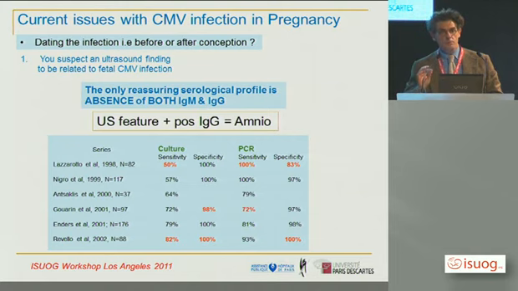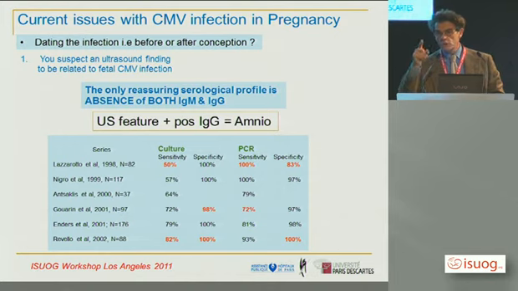IgM is the most useless test one can think of, and the most unreliable. A woman has been exposed to an infection, she will build IgG. So the only situation where, looking at a picture, you can be 100% sure that this has nothing to do with the infection you're thinking about is when the woman has got no IgG.